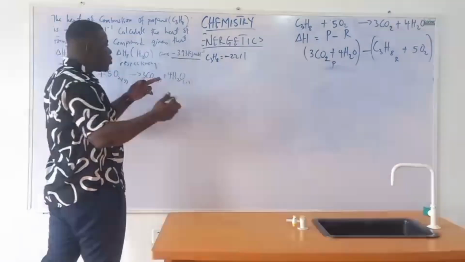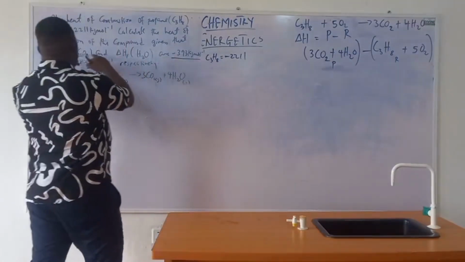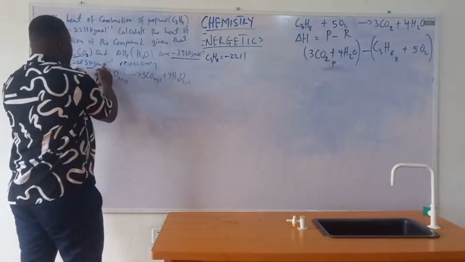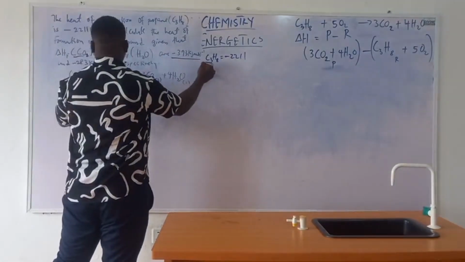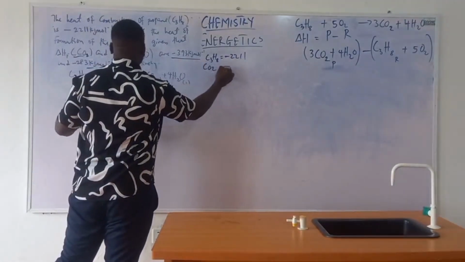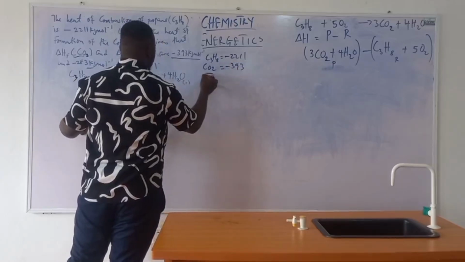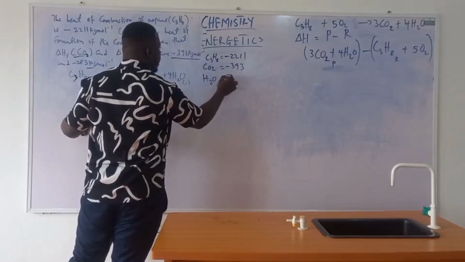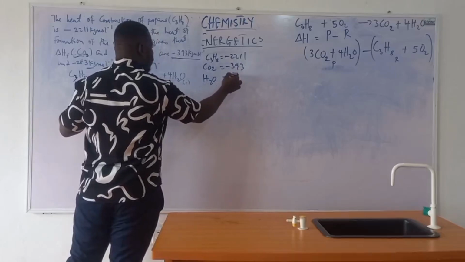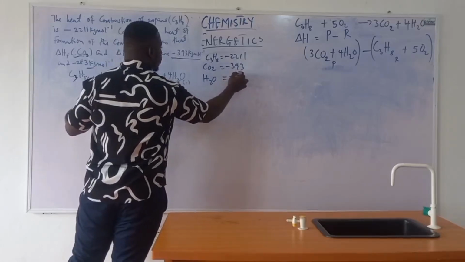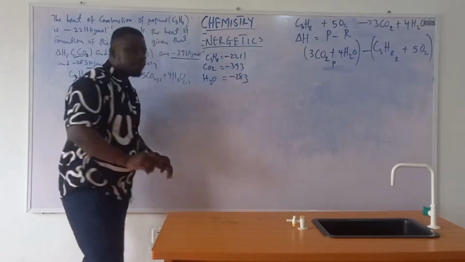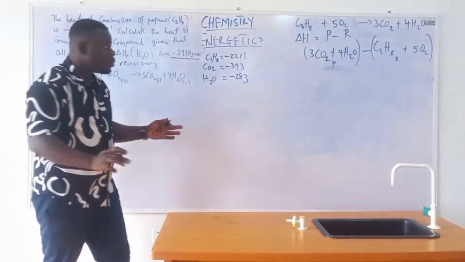Respectively means first to come, first to serve. This first value belongs to this first compound. The second value belongs to the second compound. So therefore, we have our CO2 equals minus 393, and our H2O equals minus 283.